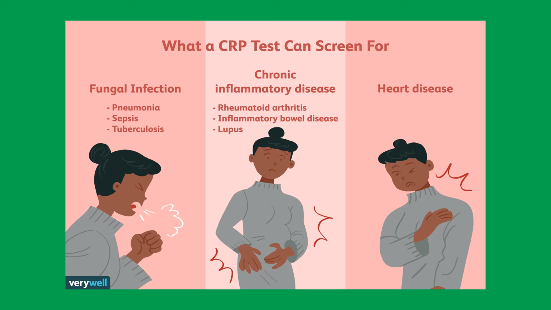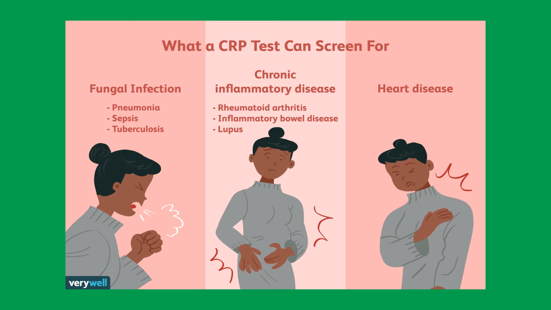Basically, CRP tests can screen for many other entities like your fungal infection, especially in pneumonia, sepsis, and even in tuberculosis. Of course, your chronic inflammatory diseases, especially those autoimmune diseases like your rheumatoid arthritis, inflammatory bowel disease, and SLE.